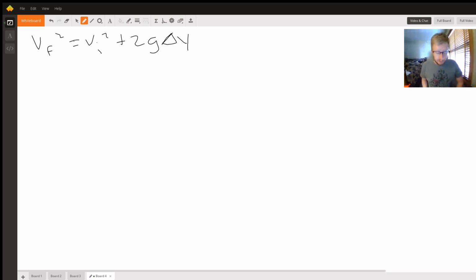Good news is we can cancel something out again. Drop the ball, the initial velocity cancels out at 0.